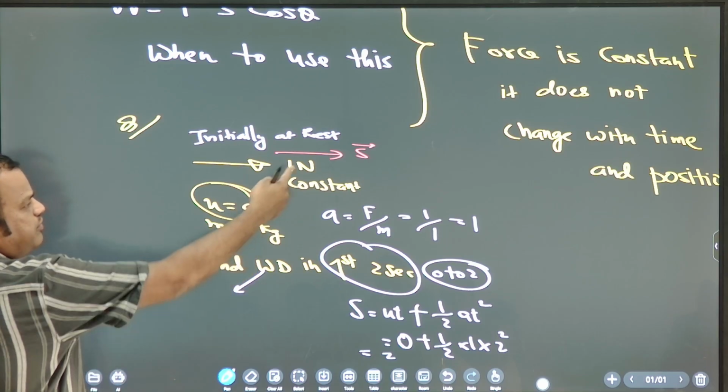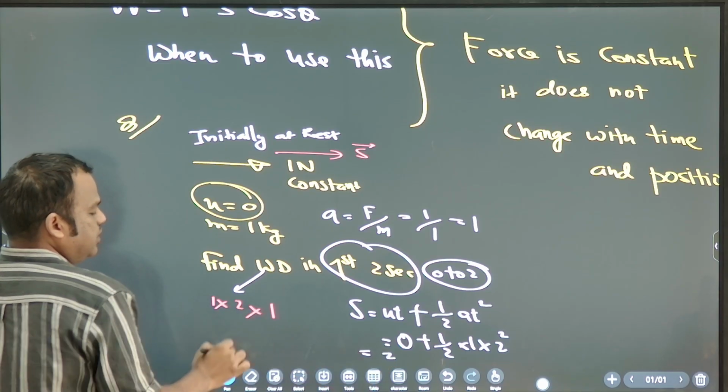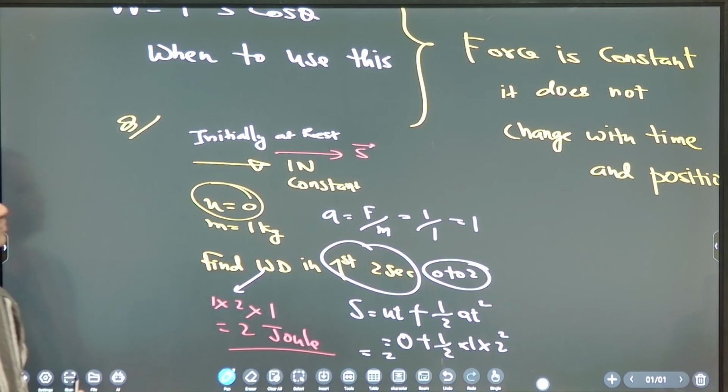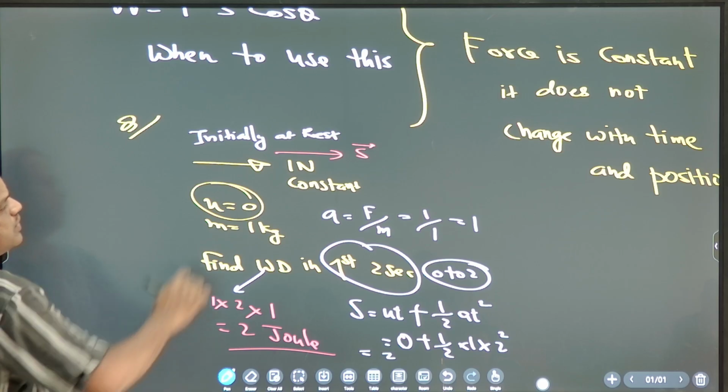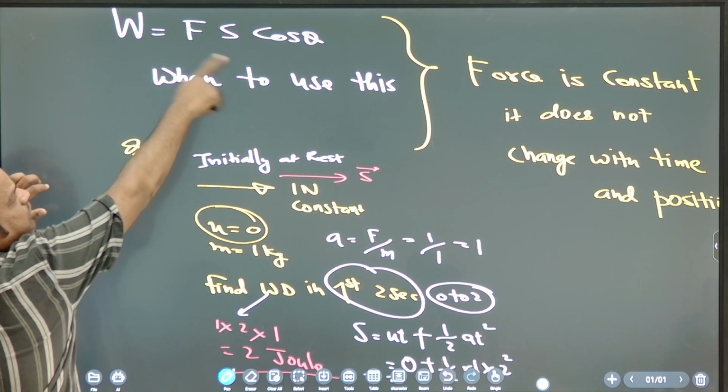Work done is F S, cos theta is 1. So the answer is 2 joule. Correct? So that is constant force. Constant force means you can use this formula.